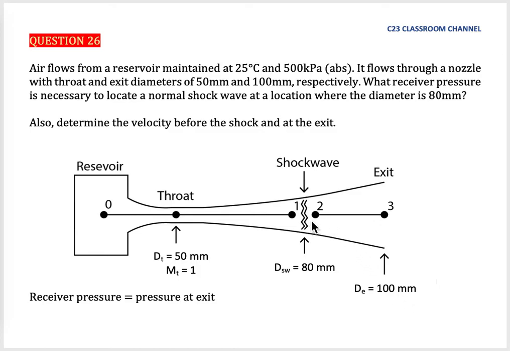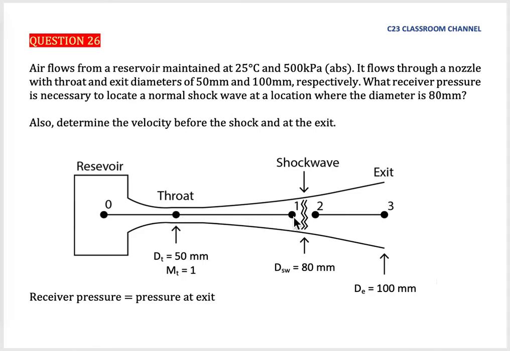However, the shock wave did not occur after the exit area here, but the shock wave occurred at a diameter of 80 millimeters here. Now, if we draw the flow, we could say that it starts from 0 here, the stagnation, through the throat with Mach number 1 here and goes to point number 1.